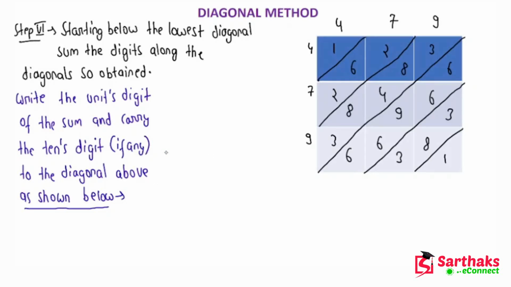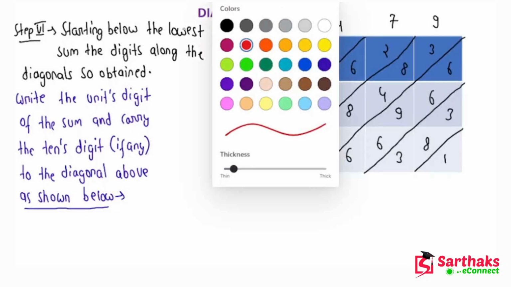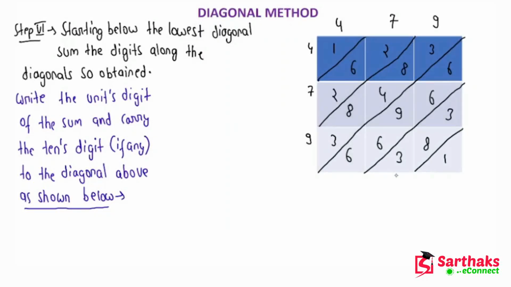So where are the diagonals? Let us first draw them, and you should be very careful while drawing them. This method has to be taken care with, like this. So this is the first diagonal. Now this is the second. This is the lowest diagonal. Now along this diagonal and below it, there is 3 8 3, so that follows another diagonal. Similarly, 6 6 9 6 6 is another diagonal.